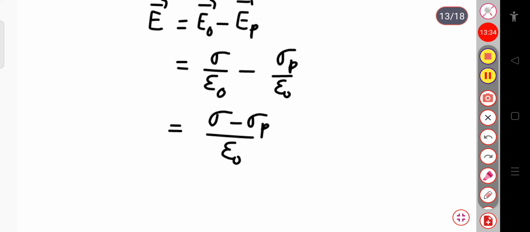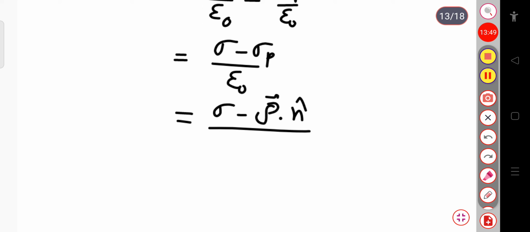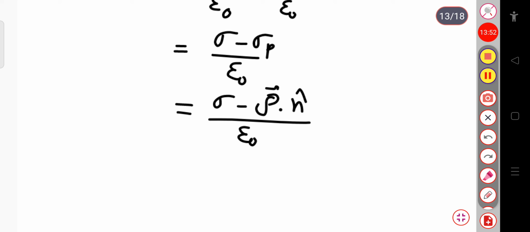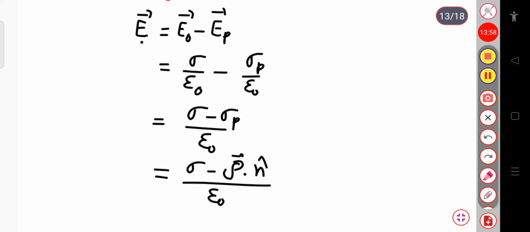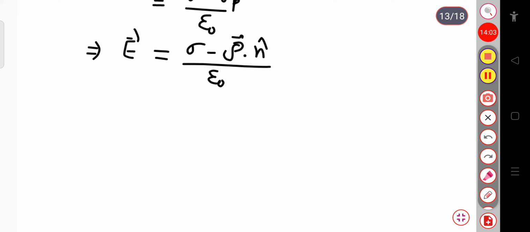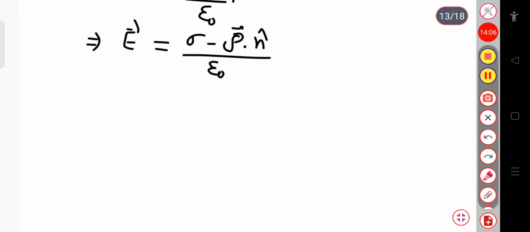And that is equal to sigma minus, in place of sigma P, the polarization density P dot n cap, where n cap is the unit vector, divided by epsilon naught. And again you can see, if I multiply epsilon naught with E, the net electric field equals sigma minus P dot n cap divided by epsilon naught, or epsilon naught into E will be equal to sigma minus P dot n cap.